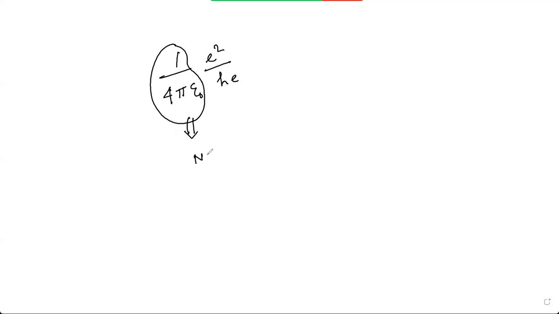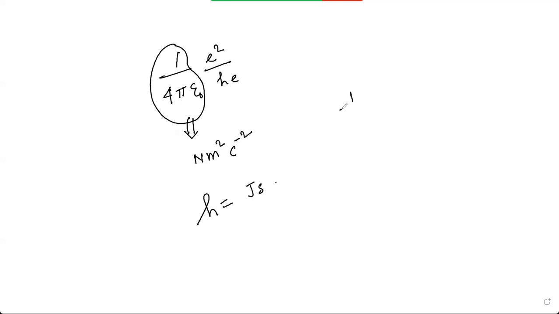Now find the dimensional formula of 1 by 4 pi epsilon naught e square by h c. We know that 1 by 4 pi epsilon naught has unit of Newton meter square C to the power minus 2, and the unit of h is joule second.